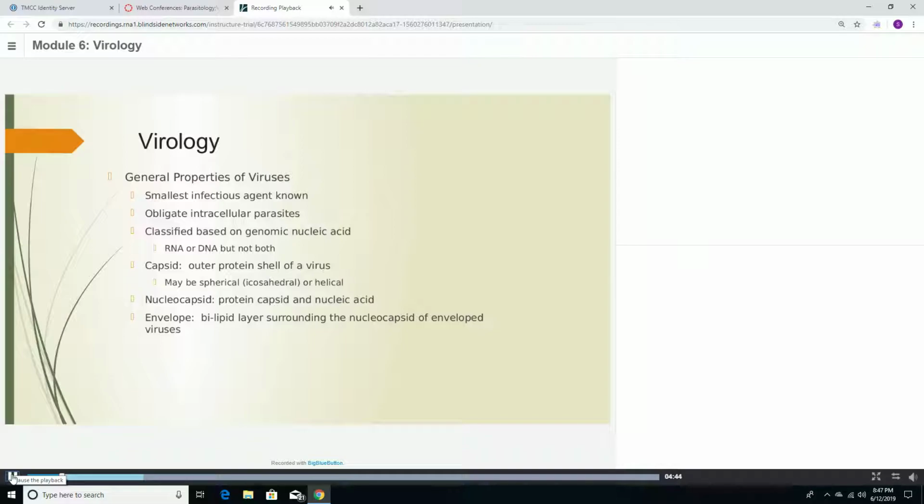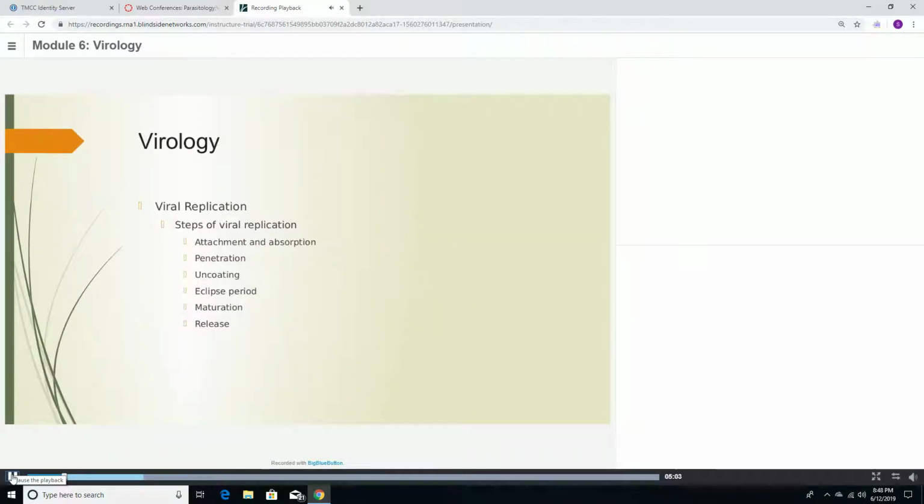Most viruses are encapsulated in the capsid, and other viruses also have an envelope on top of that. Essentially, a virus is just genetic makeup with a capsid, and sometimes it has an envelope and sometimes it doesn't. That nucleic acid and envelope really help us classify what type of virus we have, which makes it a little easier for us as laboratorians to diagnose which virus particle we might be dealing with.